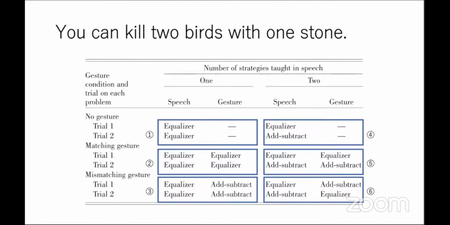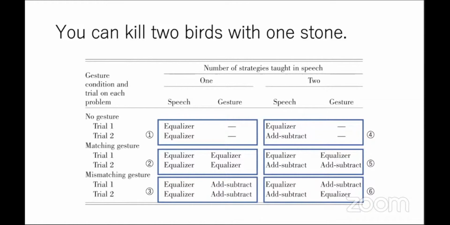But in group 3, the teacher intentionally used a different, mismatching gesture, subtract. Okay. And groups 4, 5, 6 on the right side were taught 2 different strategies orally. But in group 4, there was no gesture done by the teacher. Group 5, a matching gesture was done by the teacher. But in group 6, the teacher used mismatching gestures.